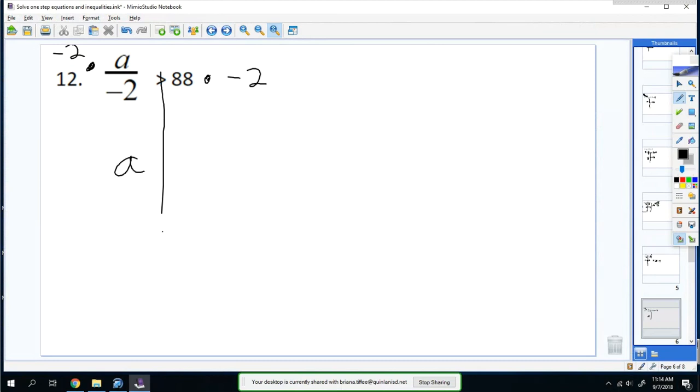So A comes down. 88 times -2 will be a negative, I think it's 172 or 176, excuse me. Yes, it will be. So it'd be negative 176.